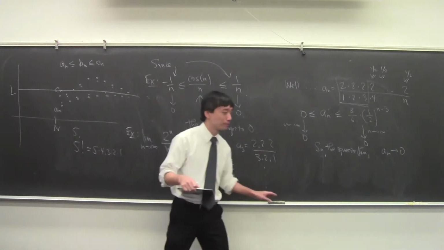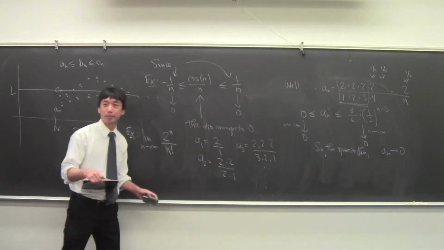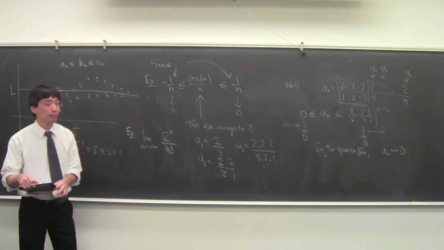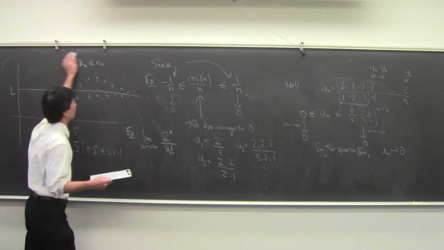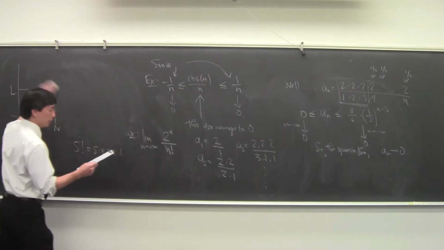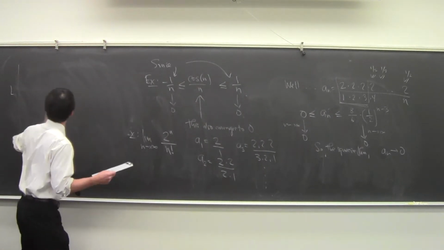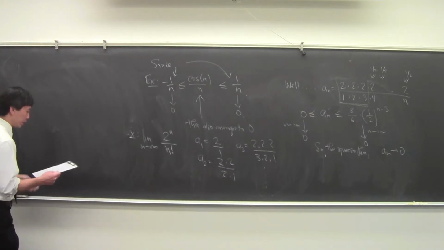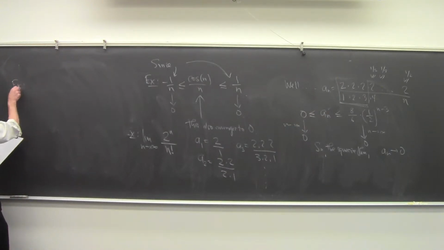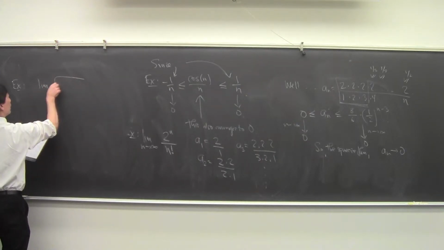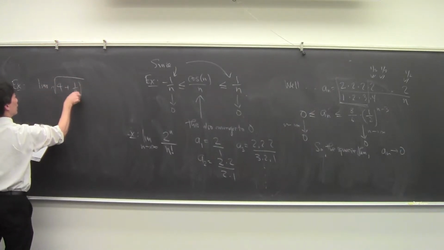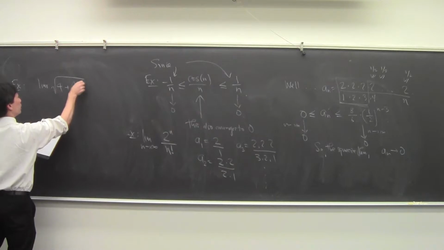Okay, makes sense? Okay, great. A couple more examples. Maybe just one more, we'll see. Another example. So the limit of the square root of 4 plus 1 over n squared.